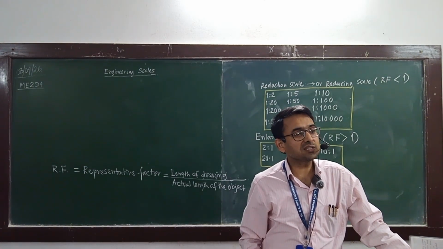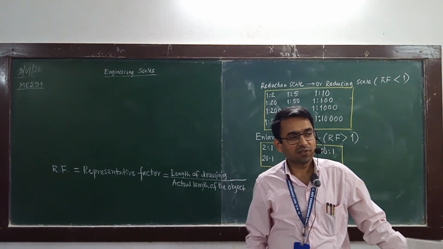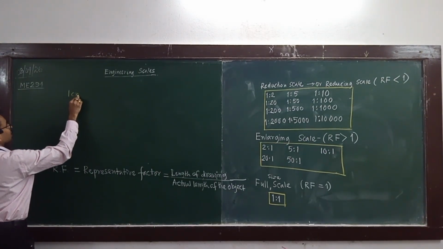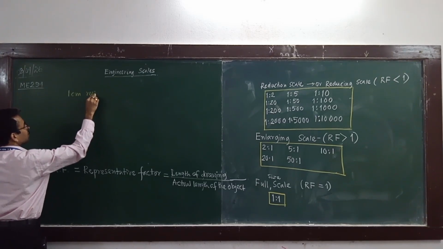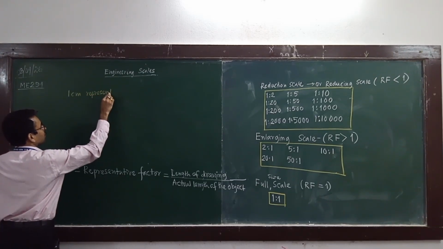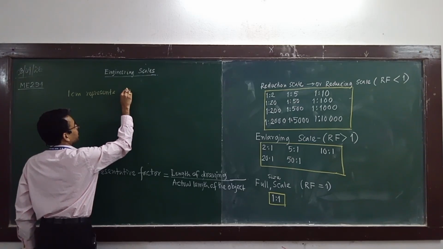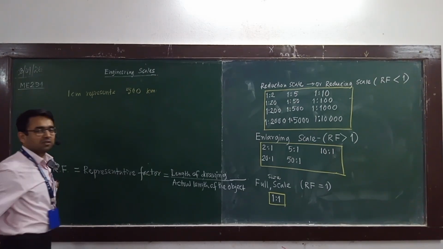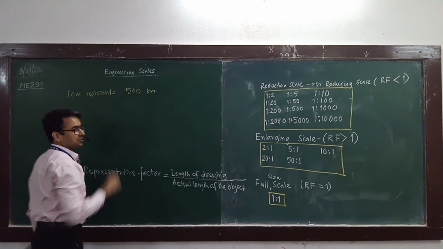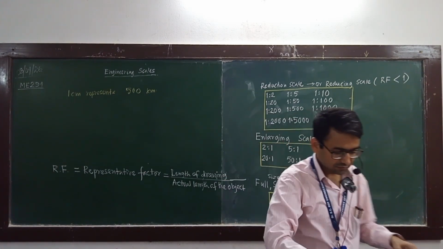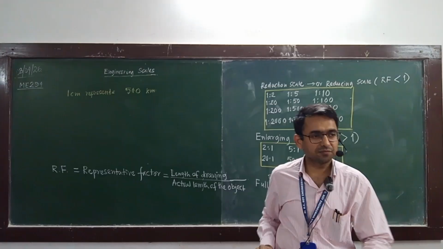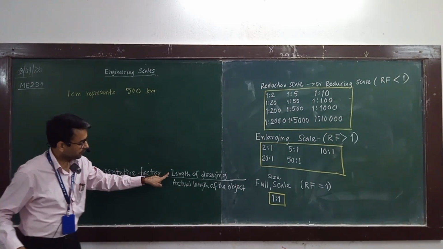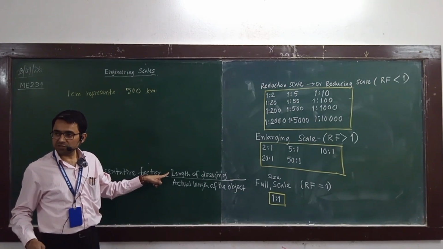That means what? What is RF? If 1 centimeter represents 500 kilometers, what is RF? Can you tell? Please try to understand.